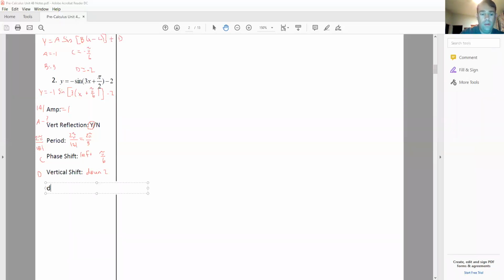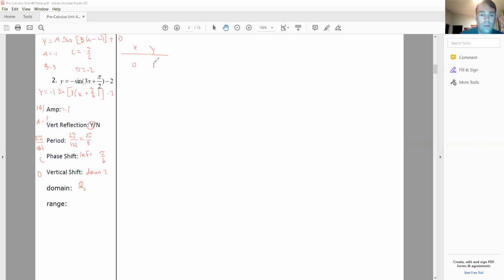And I can go ahead and add domain and range here. I'm pretty sure this is a sine graph. My domain is going to be all real numbers, and I'll come back and deal with the range once I figure out what I'm dealing with. Again, remember the starting points, they'll never change.